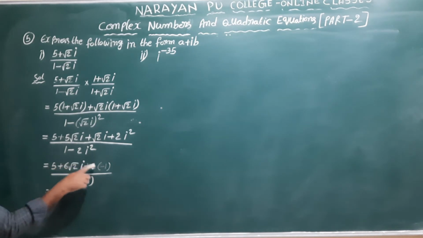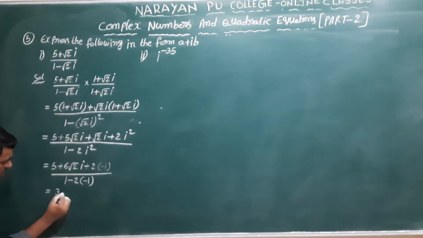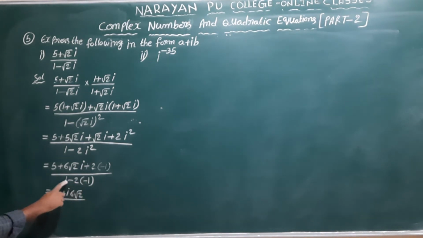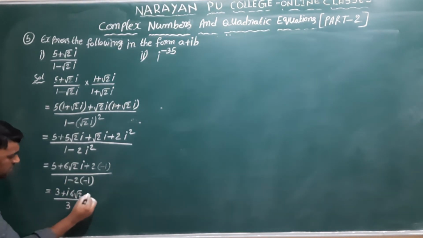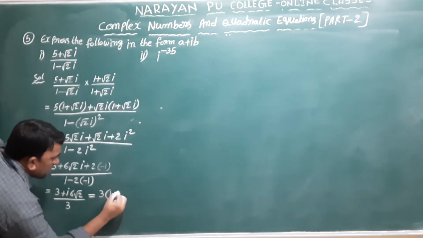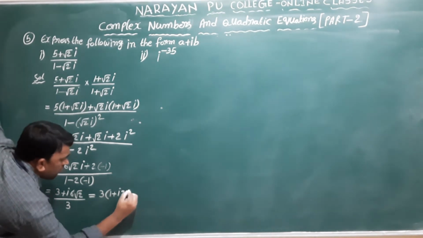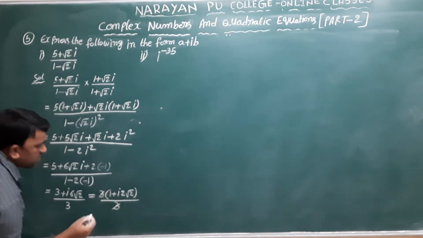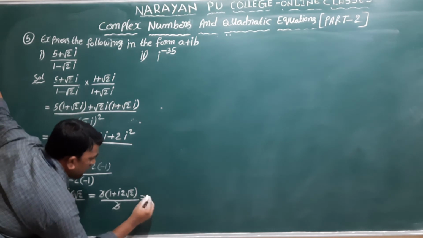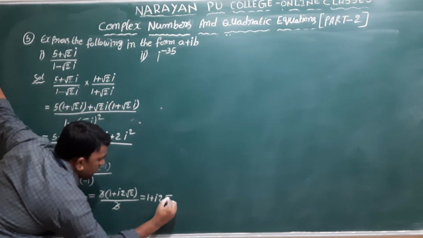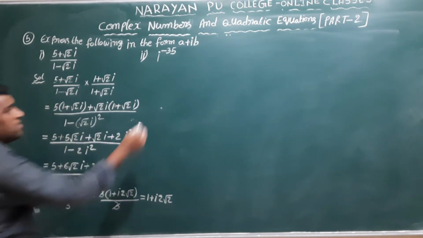Real part: 5 minus 2 is 3, plus i into 6 root 2, divided by minus into minus plus, 1 plus 2 is 3. From the numerator I will take 3 common: 1 plus i into 2 root 2, divided by the denominator 3. Both 3s cancel, and finally we got 1 plus i into 2 root 2, which is in the form a plus ib.